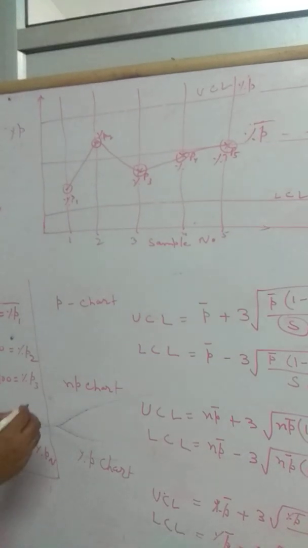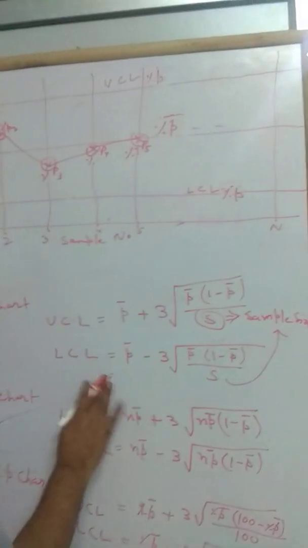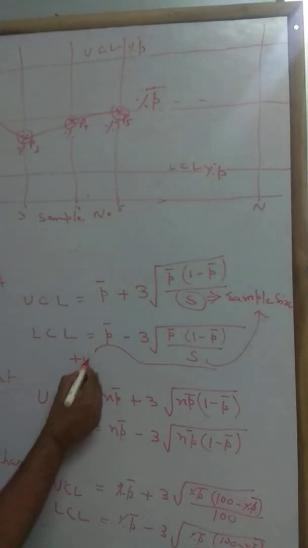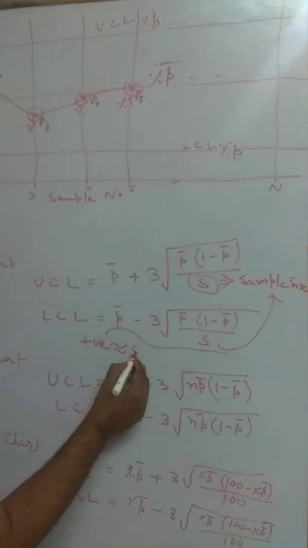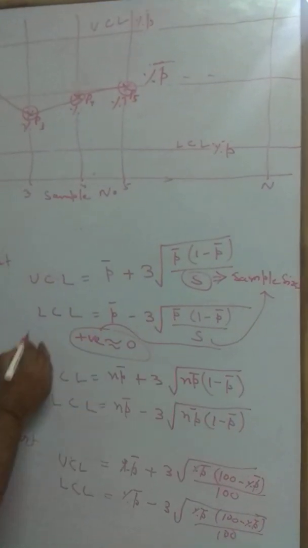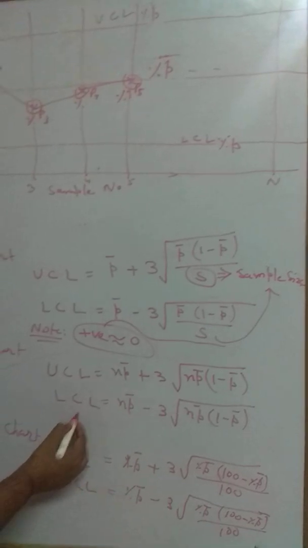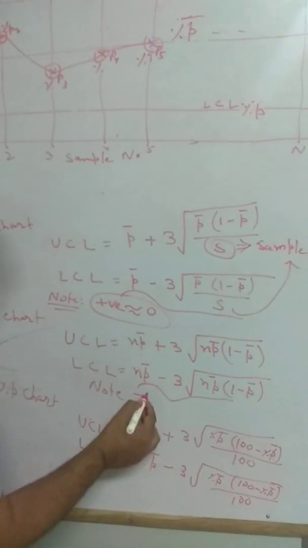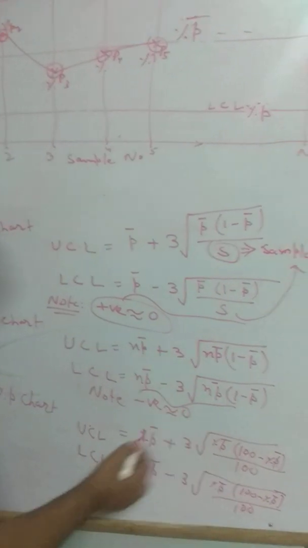You may note that if this value comes out to be negative, then it will be approximated to 0. You may make a note of it. Similarly, here also, if the LCL comes out to be negative, then it will be approximated to 0.